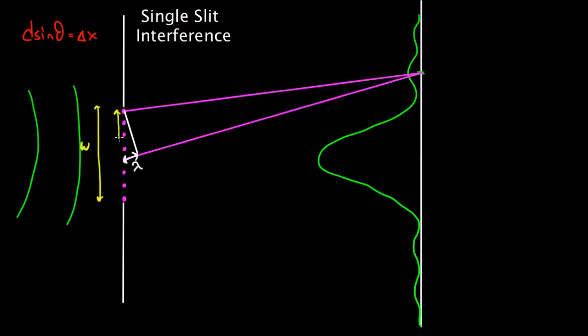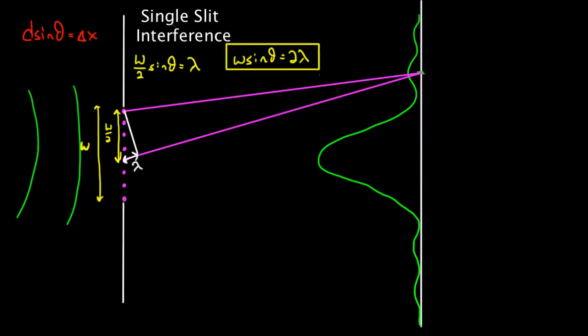This width between this source of light and this source would be w over 2. And the relationship I'd get, alright, d is w over 2 times sine of theta would equal, for this first point, I'd say it's equal to lambda. So let's just assume these two are interfering constructively at this point. And that would give me w times sine theta equals 2 lambda, gives me a constructive point.